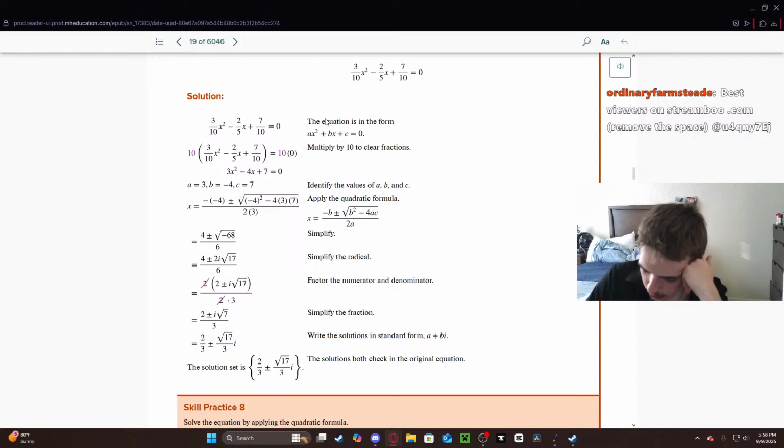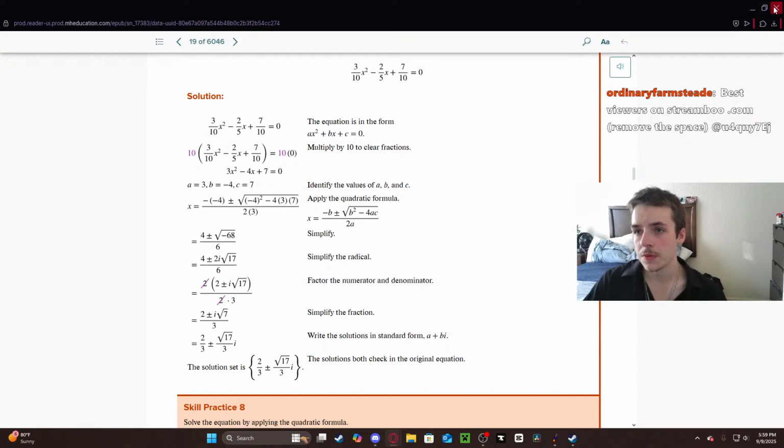Break that down by 2. So then we get 2 plus or minus i root 17 over 3. And then break that into 2 smaller bits, and we get 2/3 plus or minus square root 17 over 3 i, and that's the solution set.